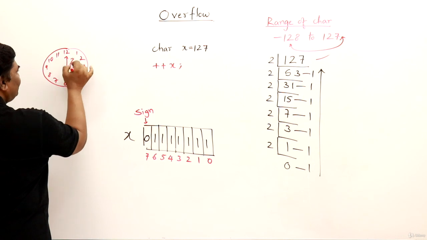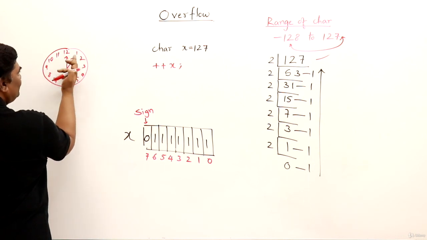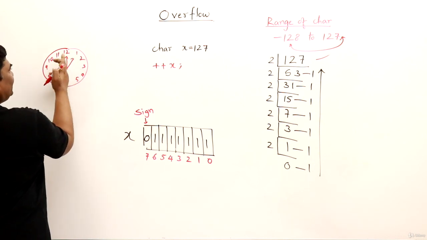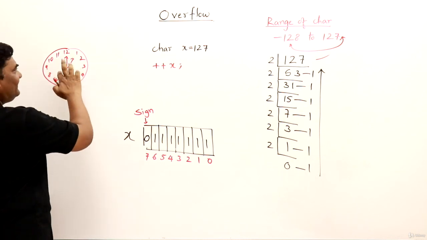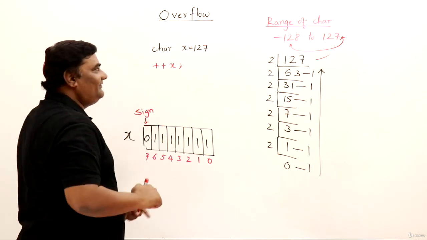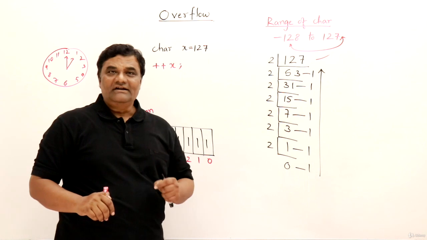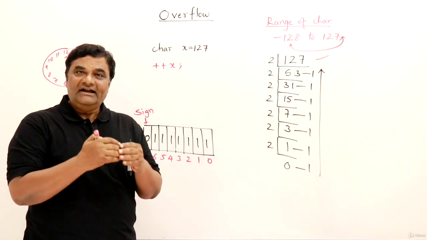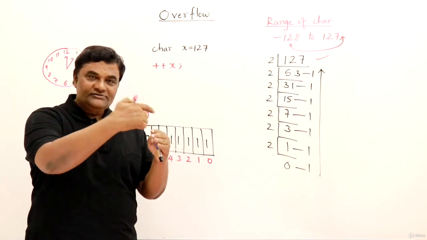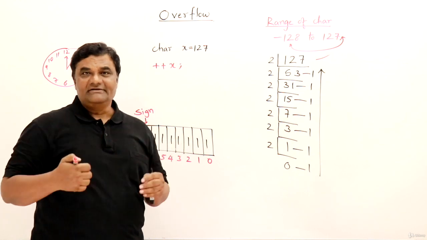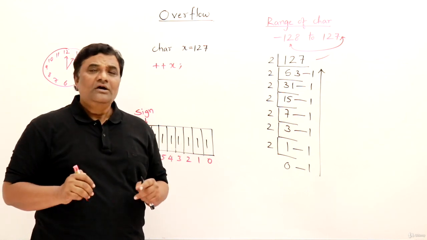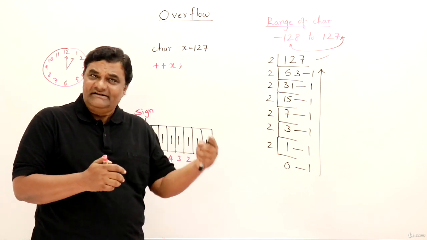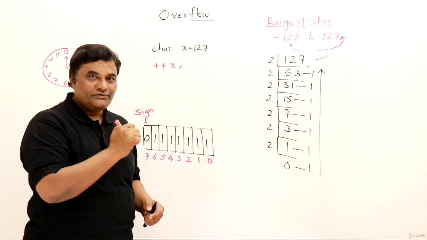And if the hand is here and you move this side, it will not go to 0, which is less than 1, but it will come to 12. So it is cyclic behavior. This is called overflow. When the value is more than the capacity, it will take the values again from the beginning. That is overflow. Why it happens, how magically it takes the values, I will show you here.